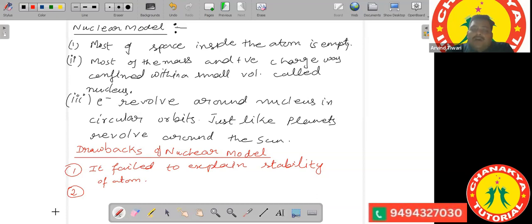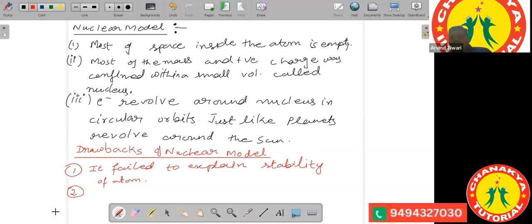Also, the next thing that was expected: since electrons are revolving in a circle, and movement in a circle is an accelerated motion. If any object is moving in a circle, we call that an accelerated motion. We have studied that in circular motion, right?